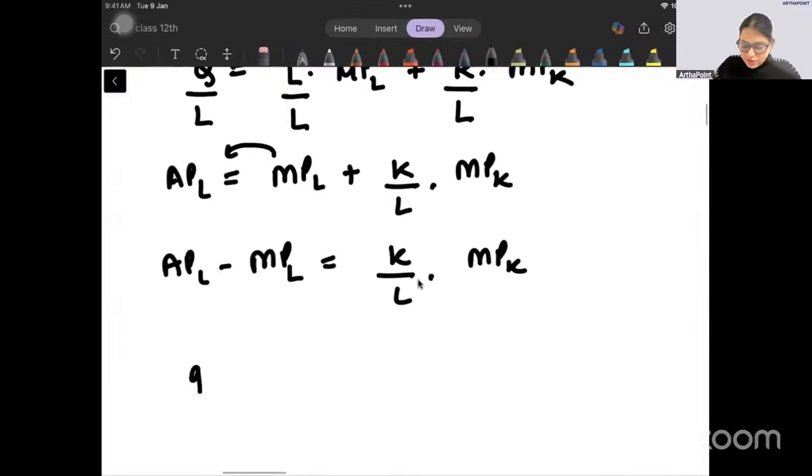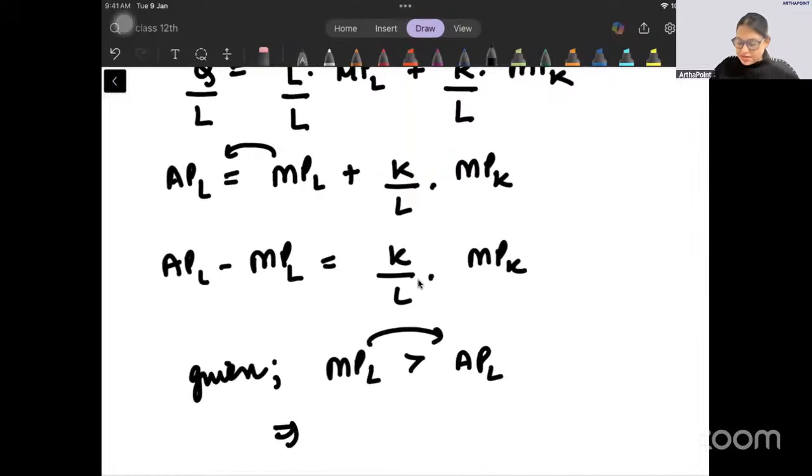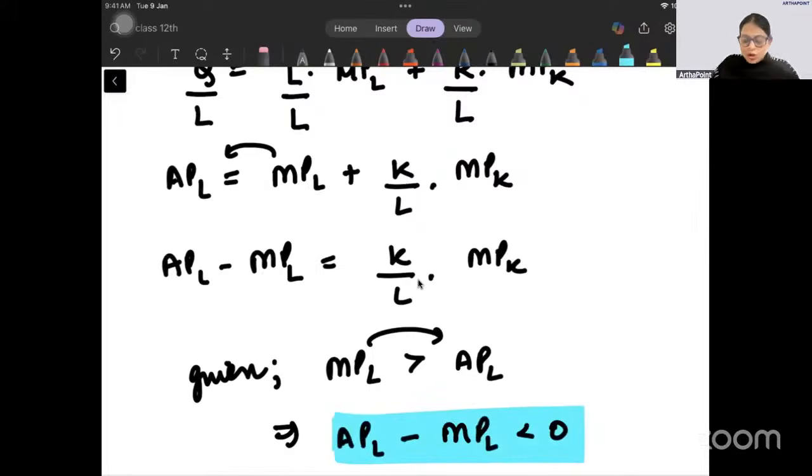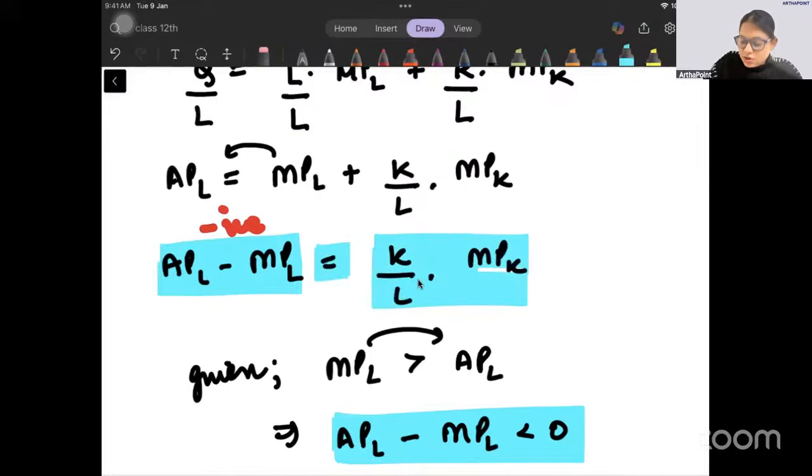Now it is given to me that marginal product of labor is more than average product of labor. So average product of labor minus marginal product of labor will be negative. It will be less than 0. So the left hand side of this equation is negative. It means the right hand side should also be negative because there is an equal to sign.